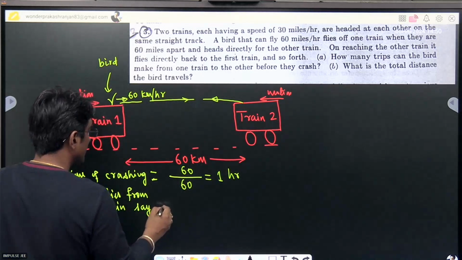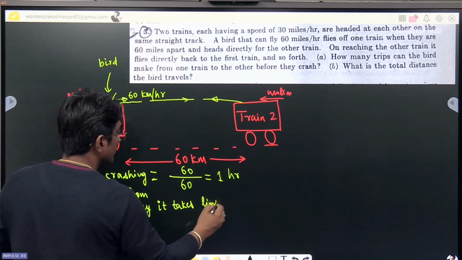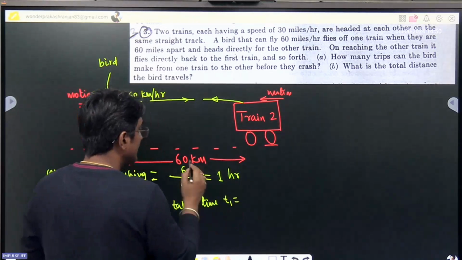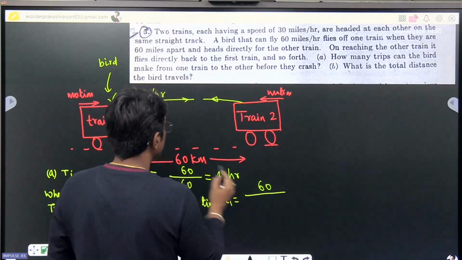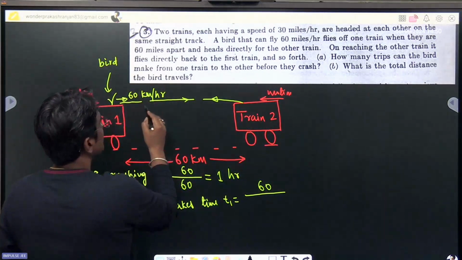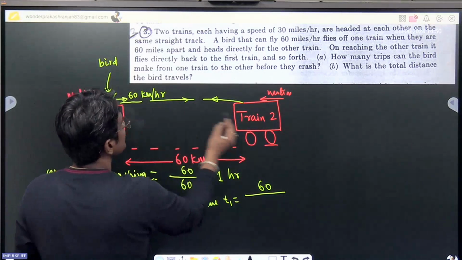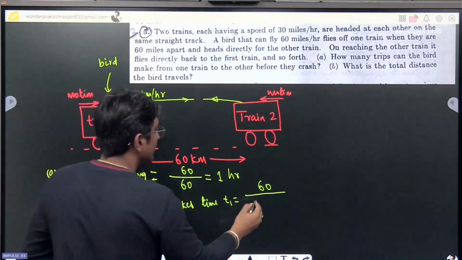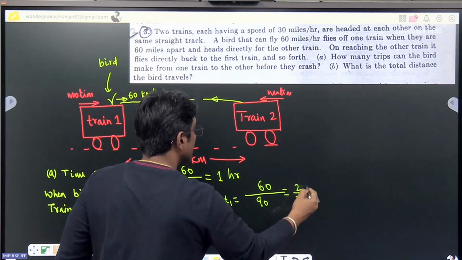Say it takes time T1, and this T1 can be written as the relative separation, which is still 60 kilometer, divided by the relative speed of the bird from train 2, which will be 60 plus 30, because bird and train 2 are in the opposite direction. So this is 90, and this is nothing but 2 by 3 hour.